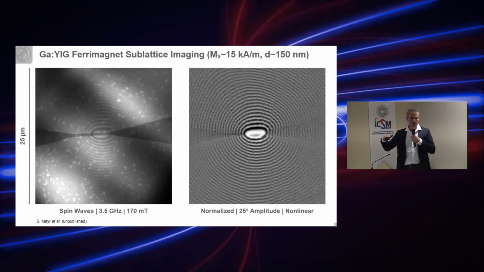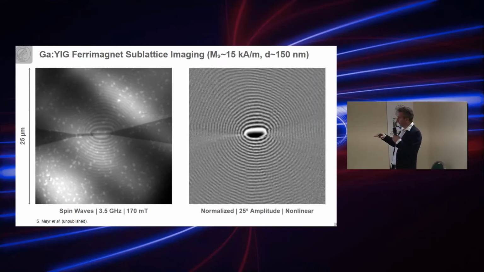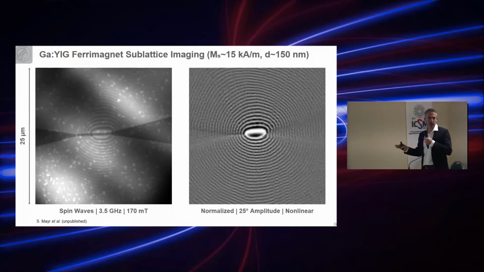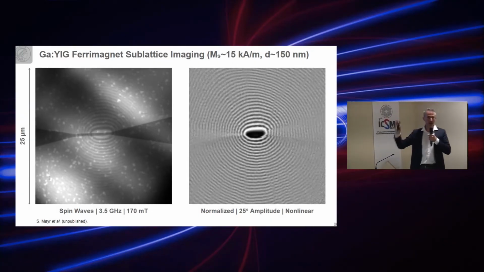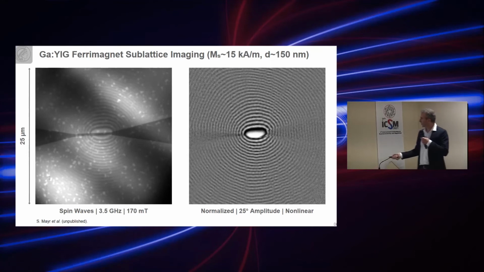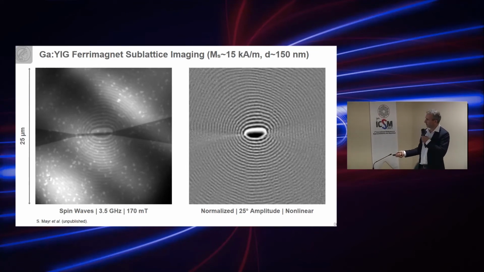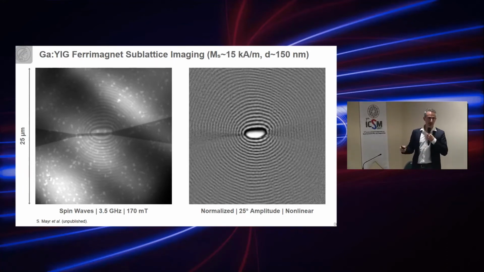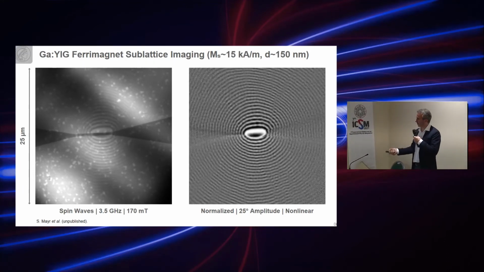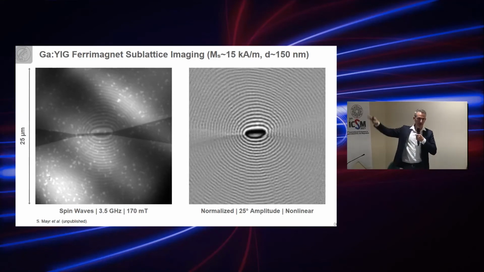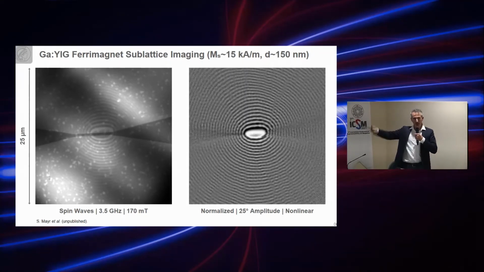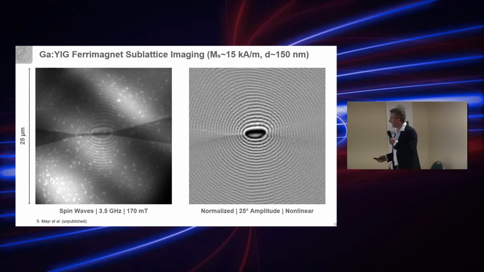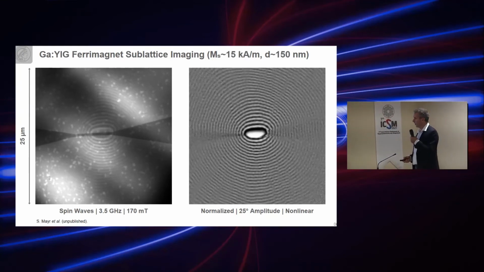For small excitation amplitudes, we see only a very mild signal, precession angles of about 1 degree. But in this case, since XMCD is a quantitative method, we can really say the angles here in the center are about 25 degrees of deviation in either direction. That's a really super high amplitude excitation that we can observe here.